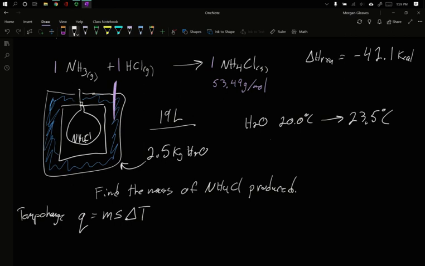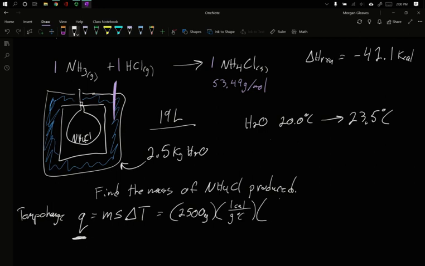So for my water, there is some amount of energy, Q. It's based on the mass of the water. Well, 2.5 kilograms of water is 2,500 grams of water. The S value for liquid water is 1 small c calorie per gram degree Celsius.